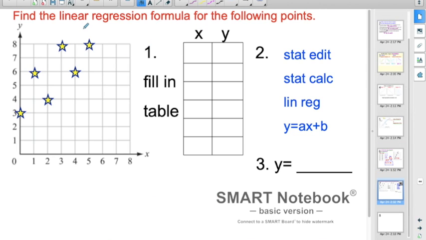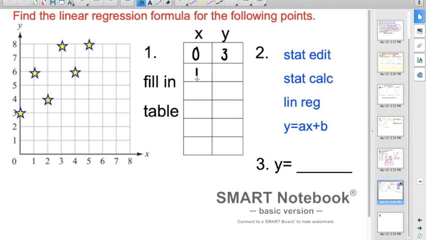Okay. Here, find the linear regression formula for the following points. So here it gives us the graph, but it does not give us the table of values, nor does it give us our line of best fit. So what I want you guys to do is fill in the table of values here. So first one should be 0, comma 3.